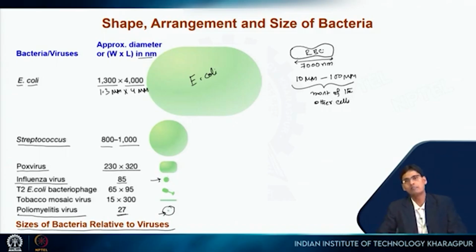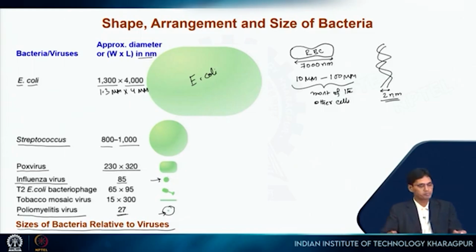Since we discussed DNA also in the first module, if I draw a DNA here, what is the width of DNA? This is just 2 nanometer. Now I believe you have an overall idea about the dimensions of virus, bacteria, and eukaryotic cell, and for scaling purposes you can consider the width of DNA, which is just 2 nanometer.